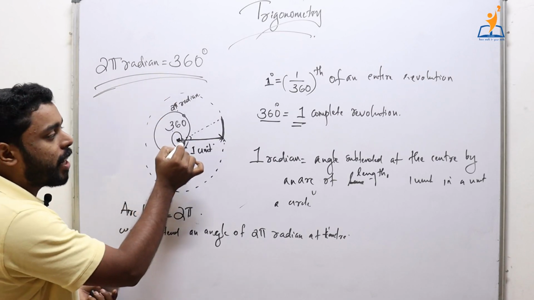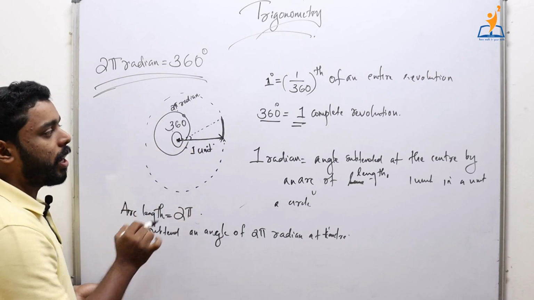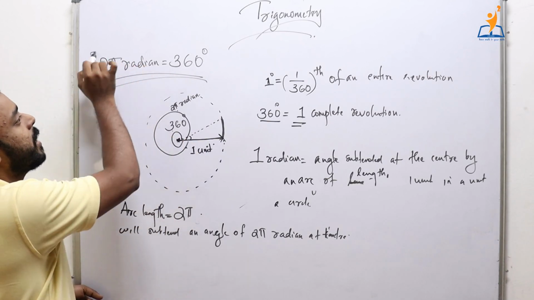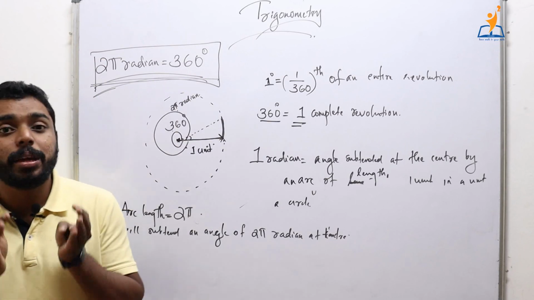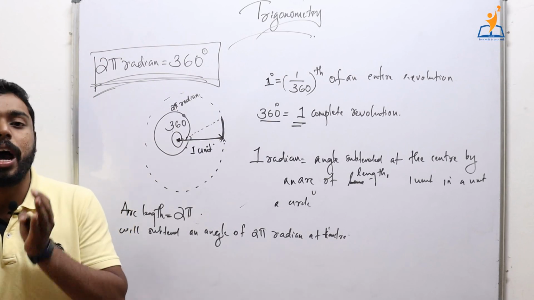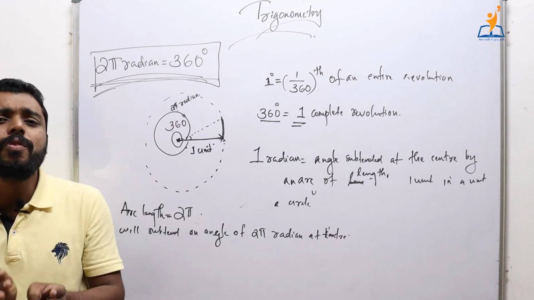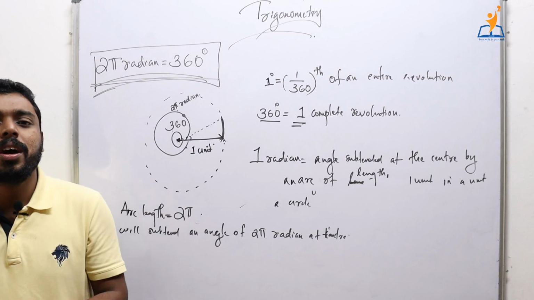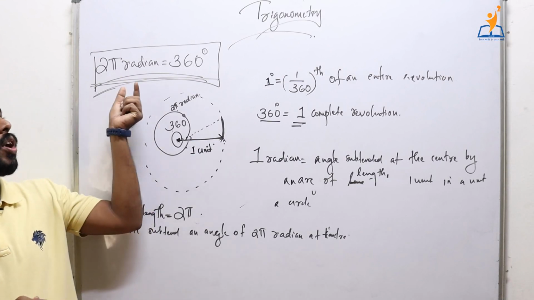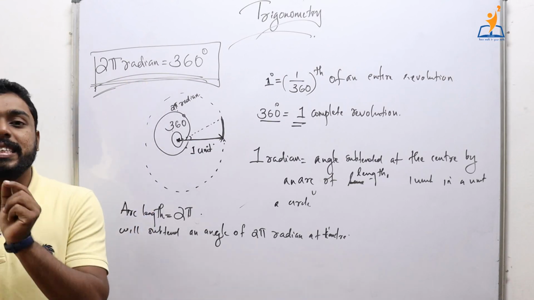Therefore, the angle formed at the center must be equal in both cases. So we get 2 pi radians is equal to 360 degrees. This is a very, very important result when we enter the chapter on trigonometry. Always remember this as a primary result in your basic mathematics. Never forget: 2 pi radians is 360 degrees.